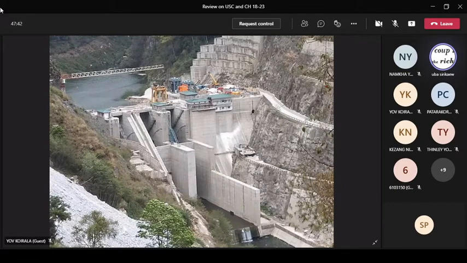Biwas, what is the meaning of roller compacted concrete for this dam?